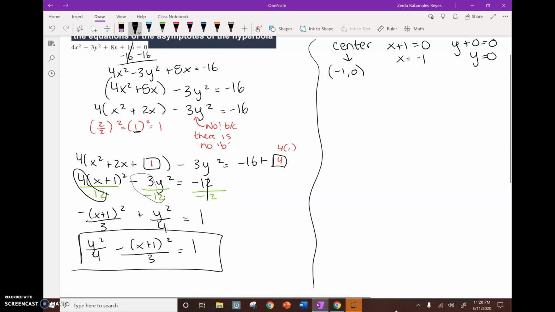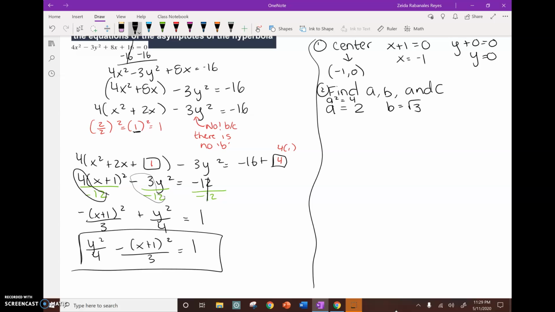The next step is always to figure out your A, B, and C, because you know you're gonna need them. A is equal to 2, because the square root of 4 is 2. B is equal to the square root of 3. And I can show the work for that.